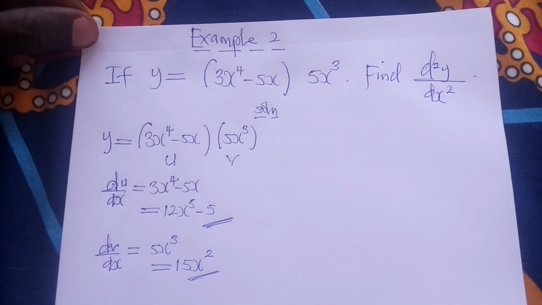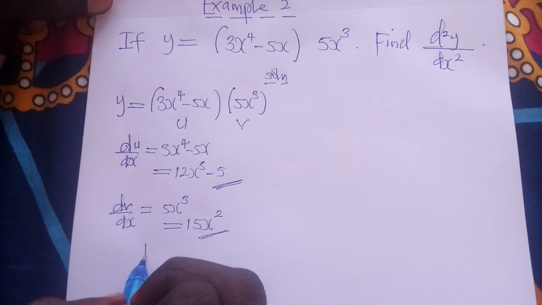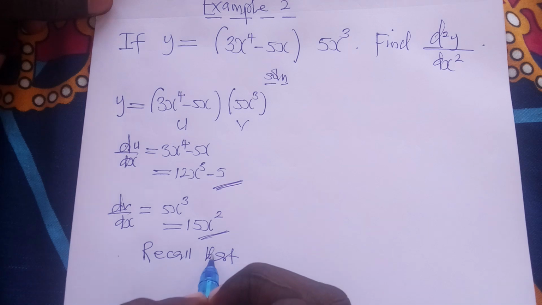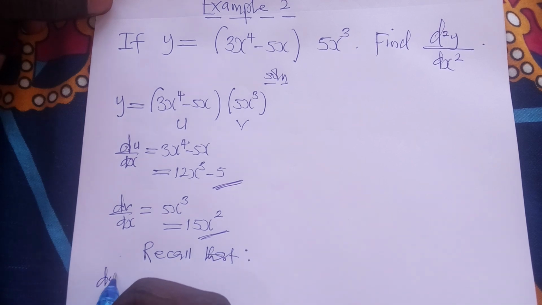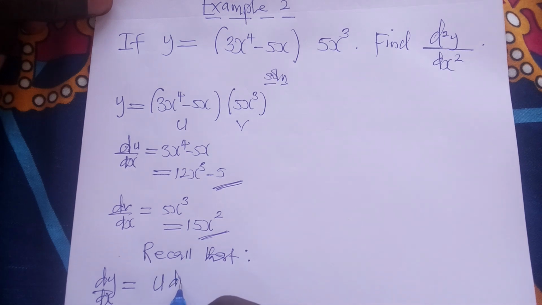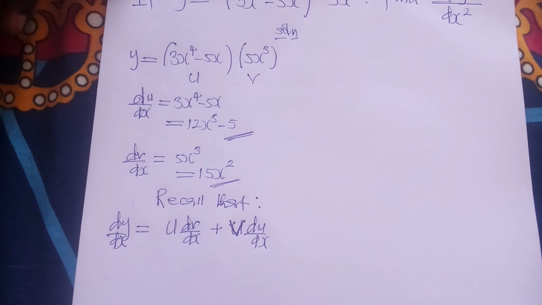Okay, now to differentiate the first one, that's the first derivative, recall that dy upon dx is equal to u dv upon dx plus v du upon dx. This is the formula that I have to use. Now after which you substitute.